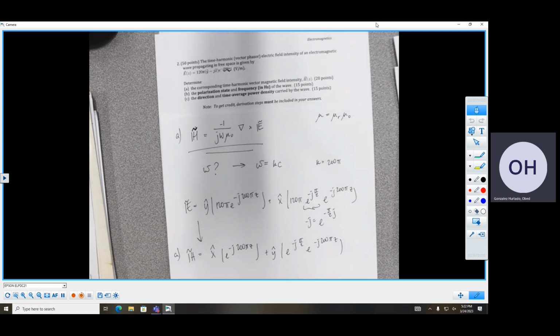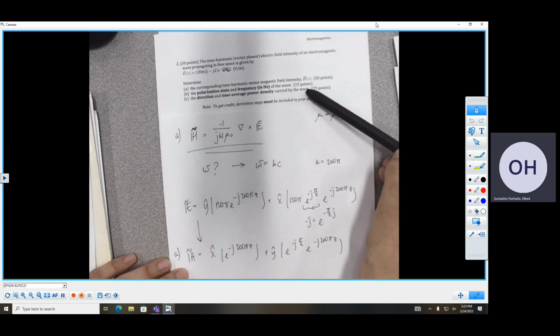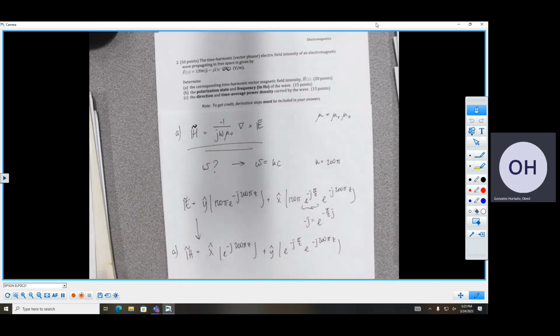It's either that or given its frequency, because that's another way. How else could he ask this question? No, because in chapter 6, there was the other question, and then the other question was finding the magnetic field. Wavelength?